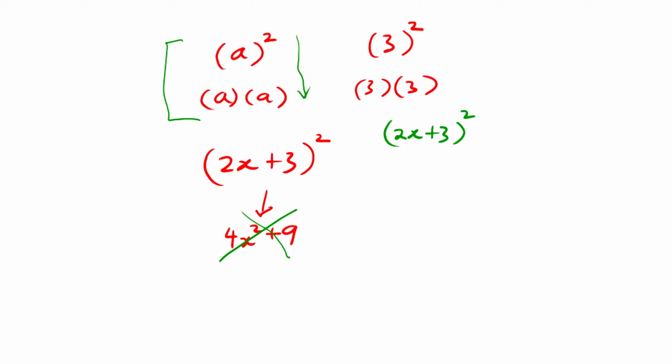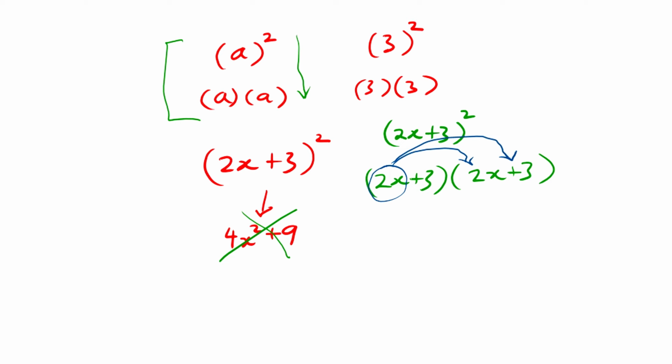It should be 2s plus 3, another 2s plus 3. And then I proceed like we did in the first part of this video, where we use the distributive approach to make sure that every single term in each of the brackets go for every single term in the other brackets.